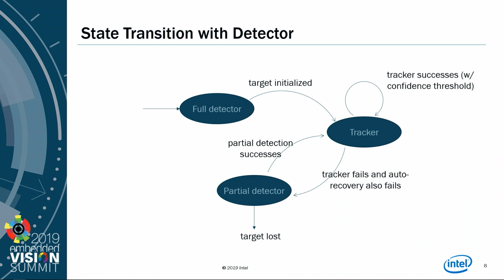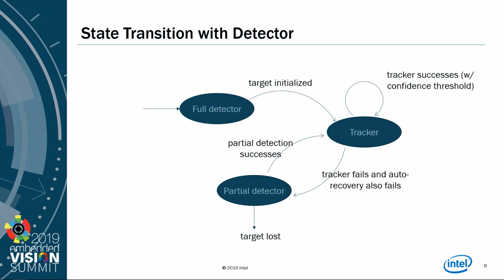And if the tracker fails, it sends the information back to the partial detector so that the partial detector can search the local regions and maybe find the lost target in the nearby regions.